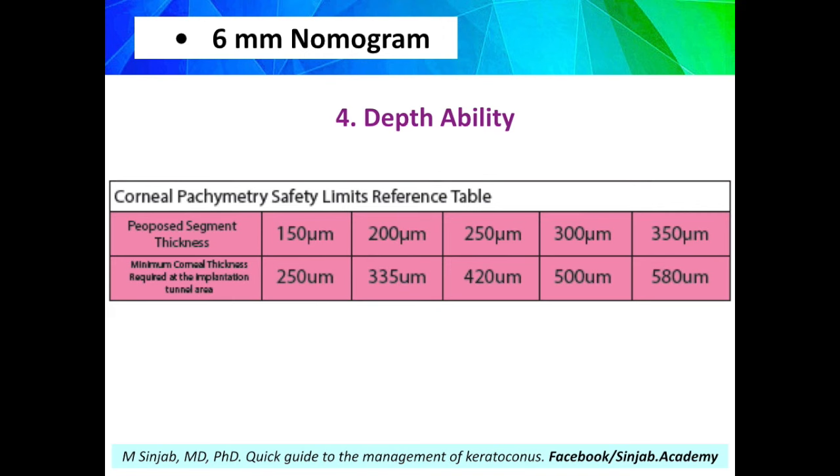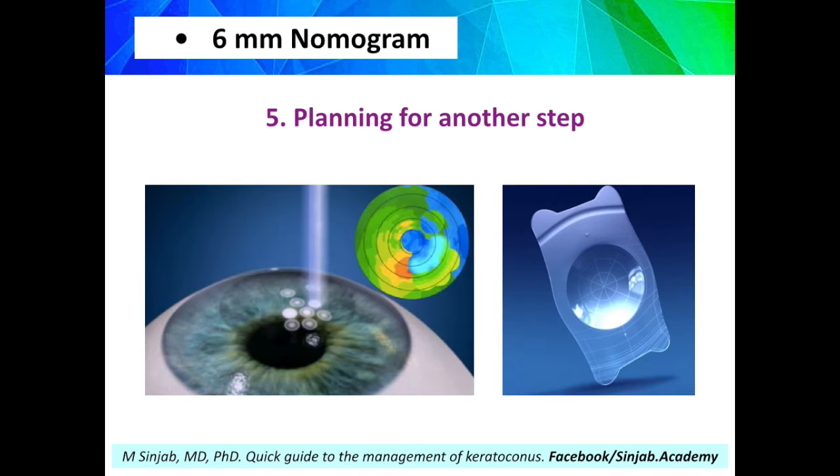This will reduce the spherical correction of the segment, or we go for the 6 mm type because it will be implanted in a more peripheral part of the cornea, which is supposed to be thicker. Number 5, if we are planning for another step like topographic guided treatment or phakic IOL.